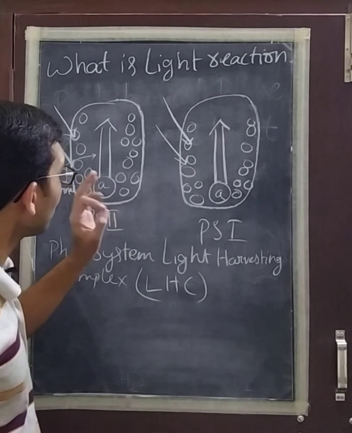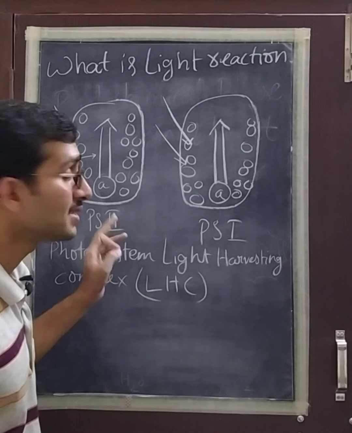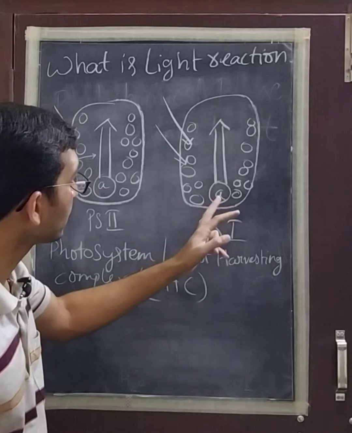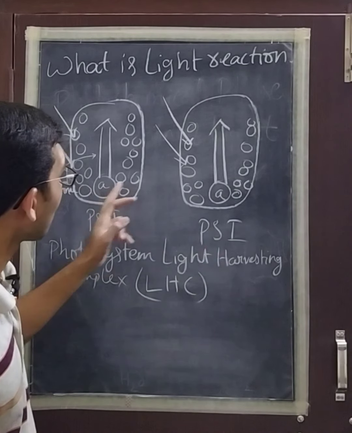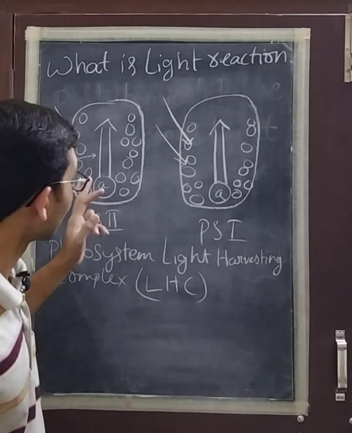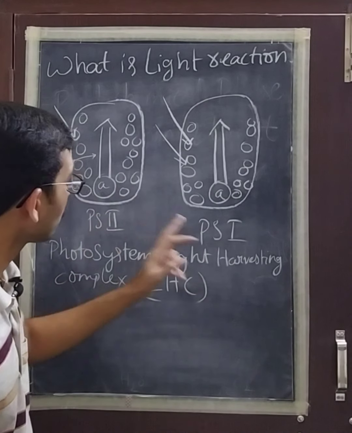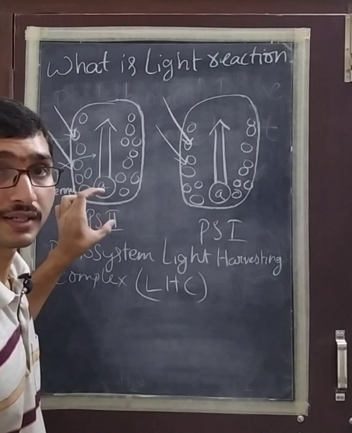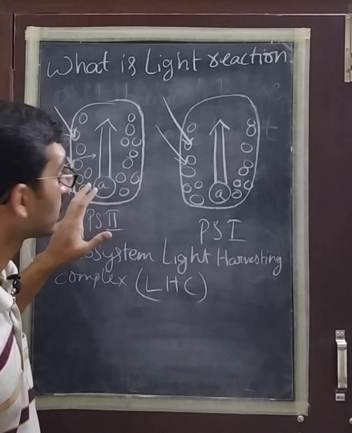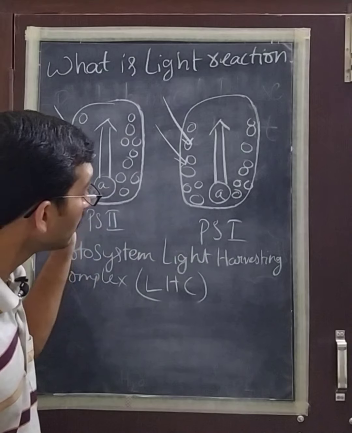So the single chlorophyll A, which is present in the two photosystems, is the reaction center. The reaction centers of the two photosystems are different.